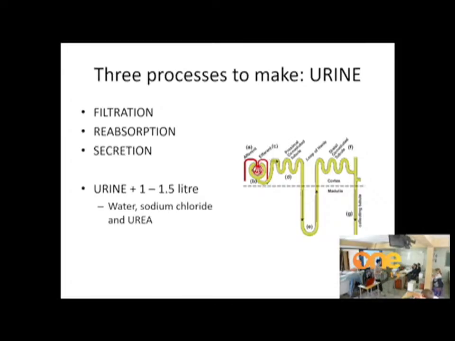So what we are going to do now, grade 11, is I am going to give you a huge piece of paper, and I want you to draw the nephron as large as possible on this paper, because now I'm going to go part by part.